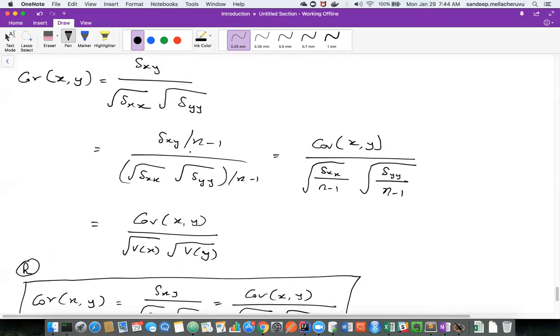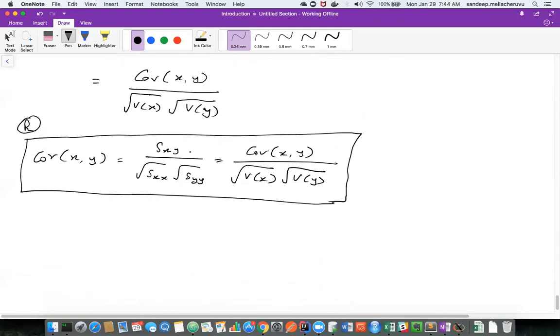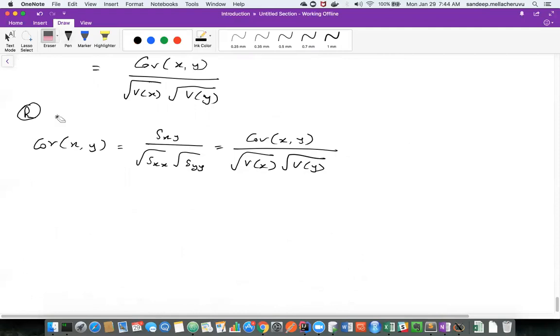So isn't the square root of variance x the standard deviation? Yes, you can write that way also. You want me to write? Okay, I can write. You can take that way also. I just wanted to keep everything in covariance and variance terminology, but that's fine. Standard deviation of x into standard deviation of y.